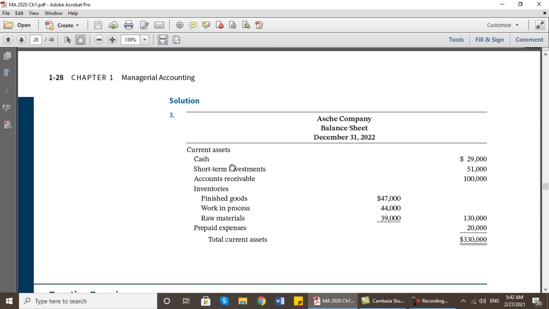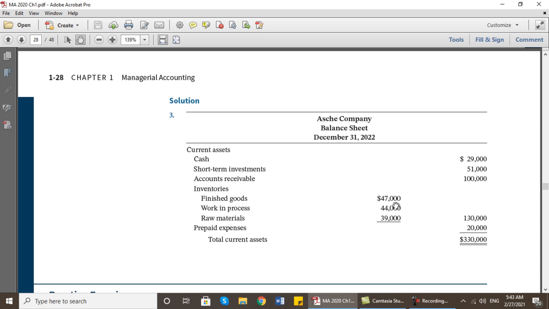Current assets, we will begin with cash. We show the first item under current assets, cash, then short-term investment, follow accounts receivable, then inventories. As you know, in manufacturing company, inventories consist of 3 accounts.